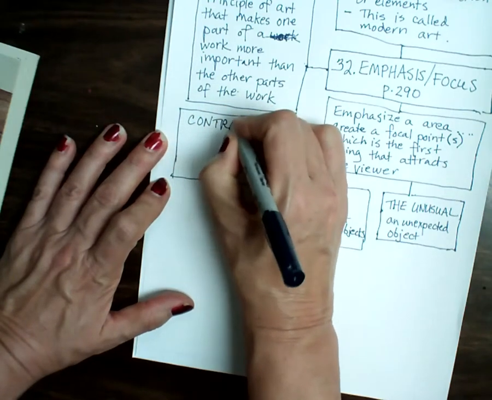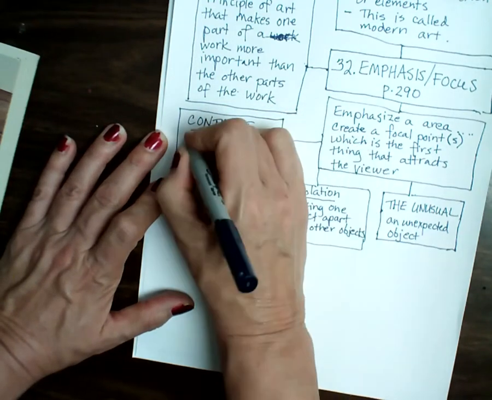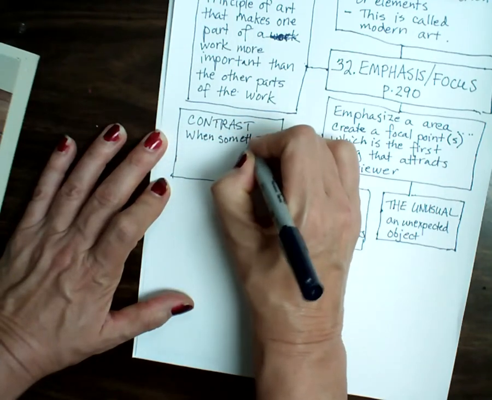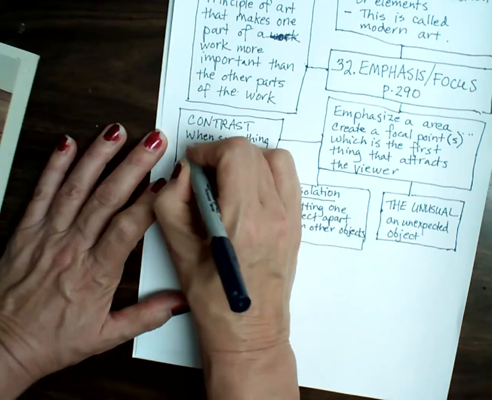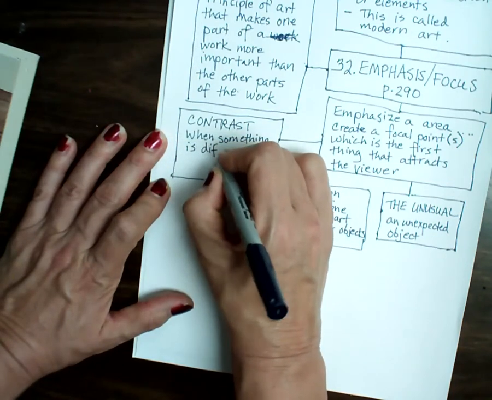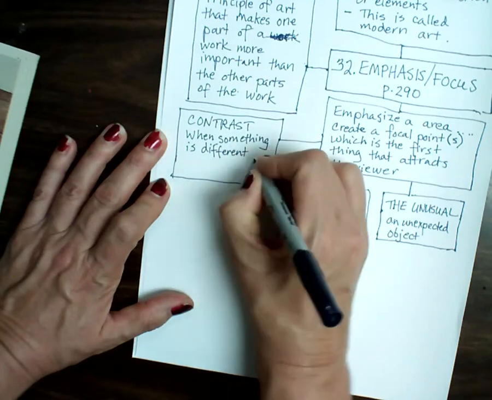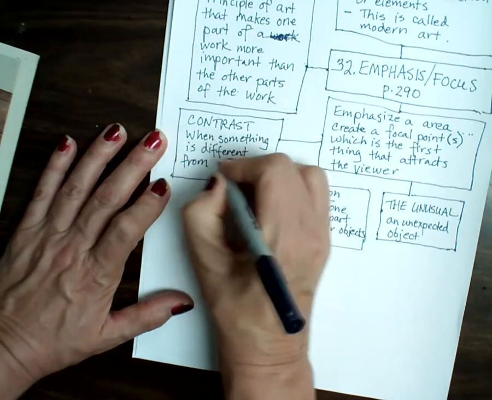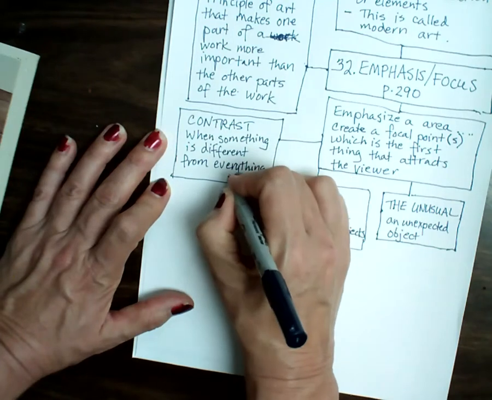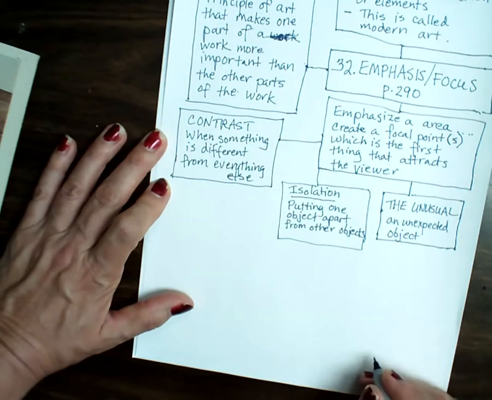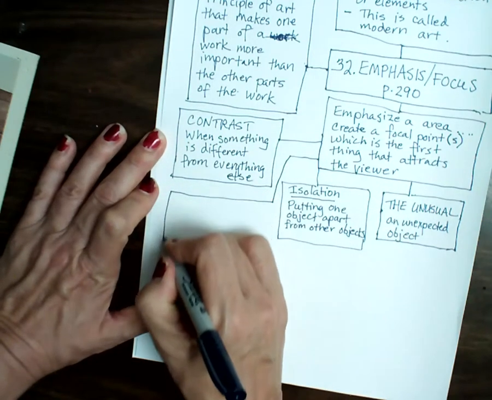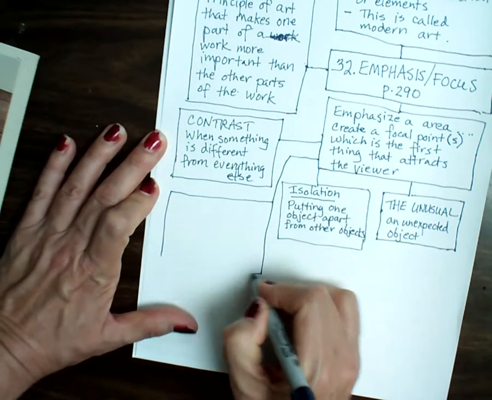So contrast is when something is different. It can be different in size, in color, in shape from everything else. And then the other thing we talked about was location or placement, either one.